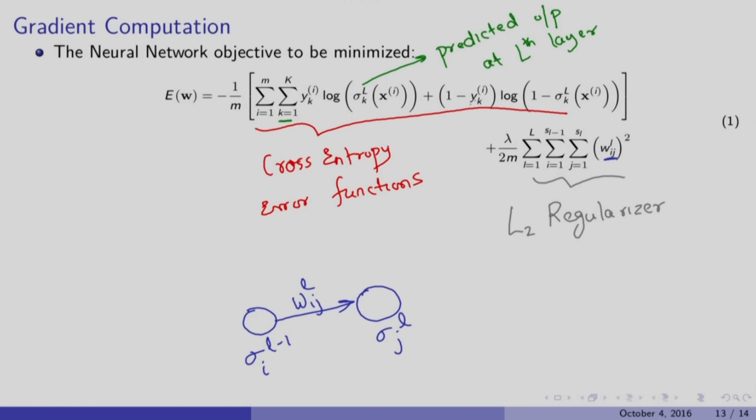The cross entropy error function reflects these W's very indirectly for all but small l equals capital L, because the error function is directly related only to the sigmas associated with the final output layer. So this is what necessitates backpropagation. Backpropagation is needed because of this indirect relationship of the intermediate Wij^l's with the final output.